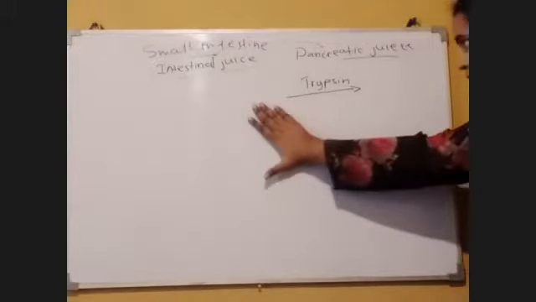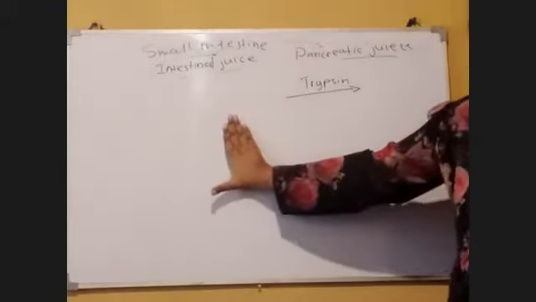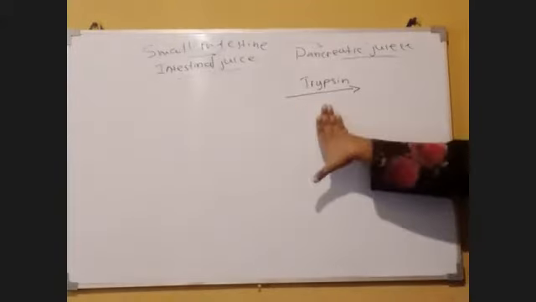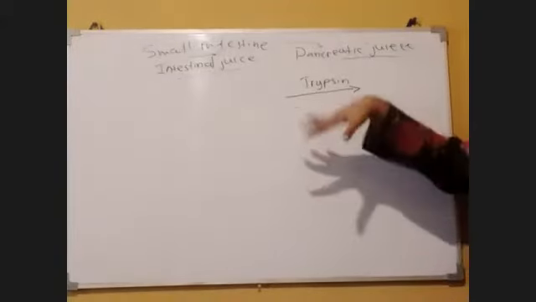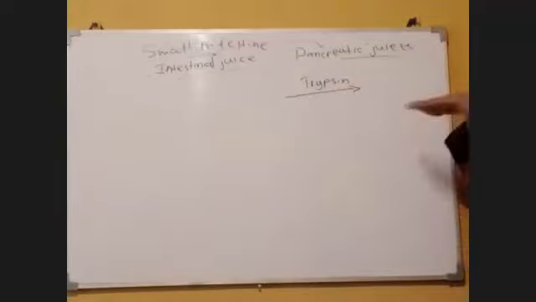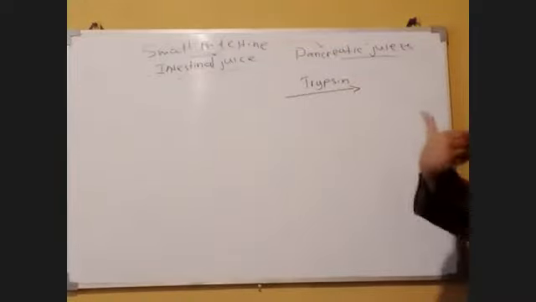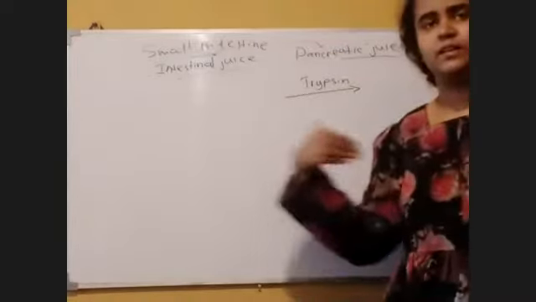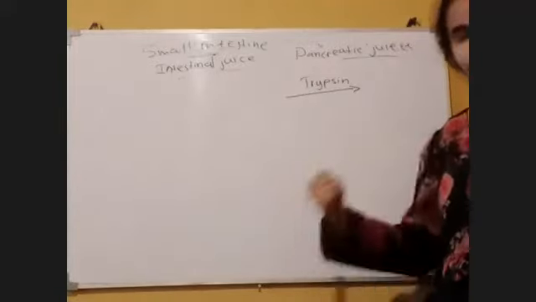And here, the same process is happening with trypsin. That means protein is again converted, some remaining proteins. I said that partially digested protein is going into the small intestine.